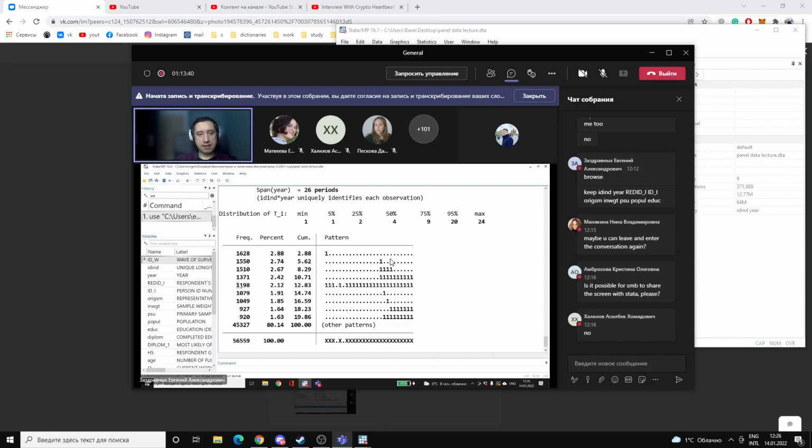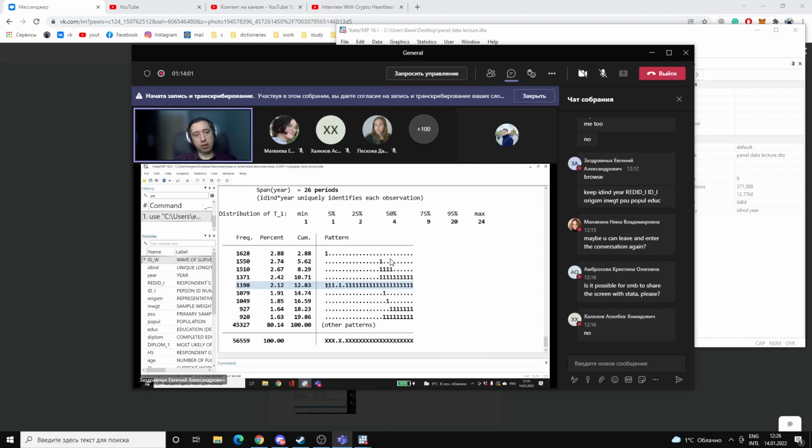And we also can find this row. This row shows that we observe 1,198 persons, or 2% of our sample, in almost all periods in our data set. In fact, it is all periods because there are 2 gaps.